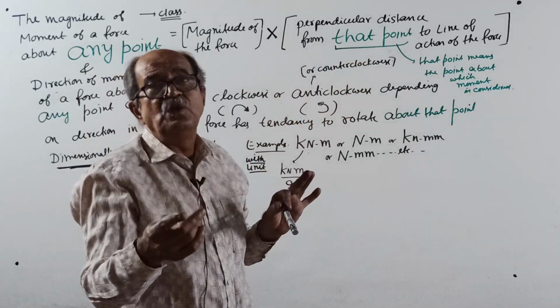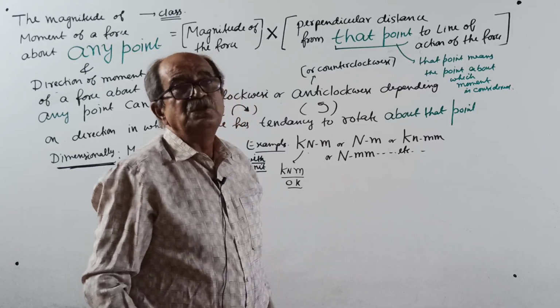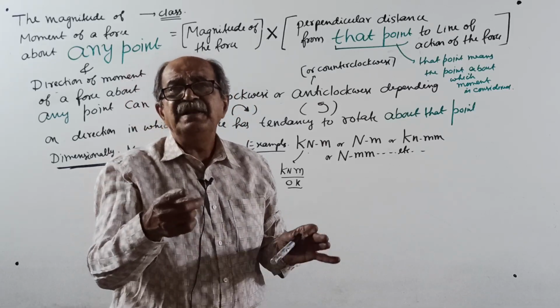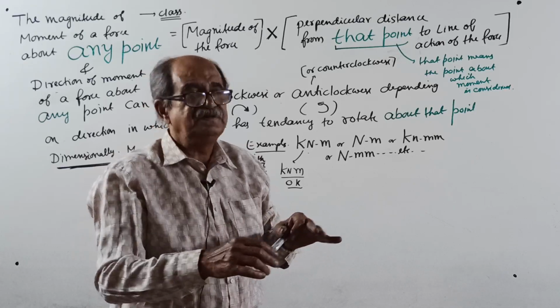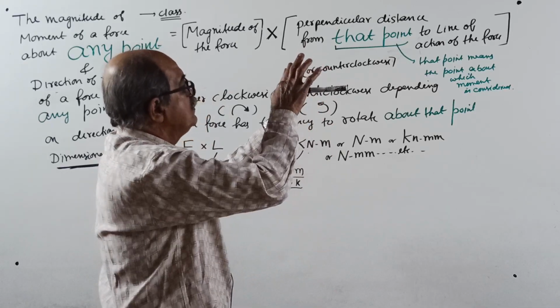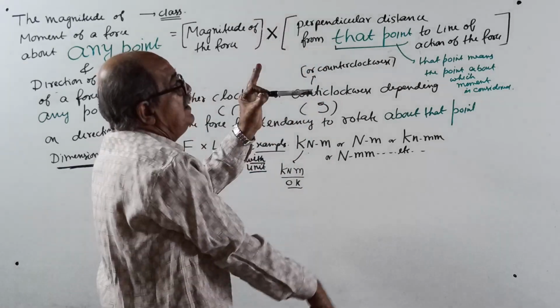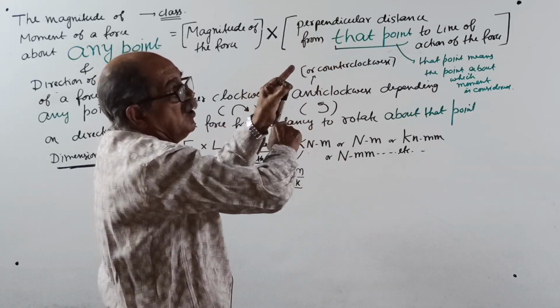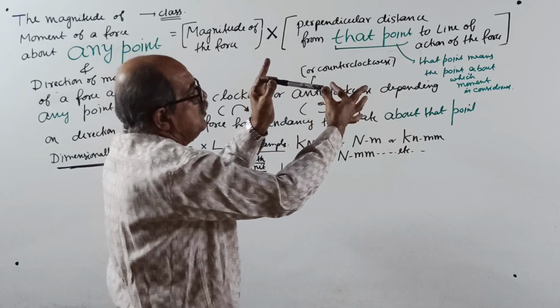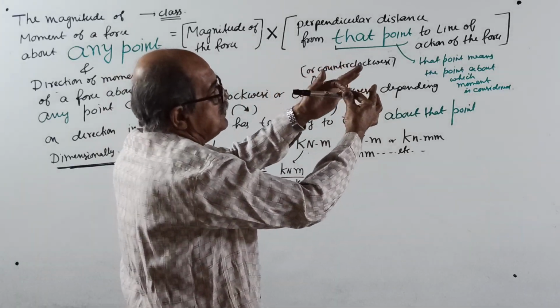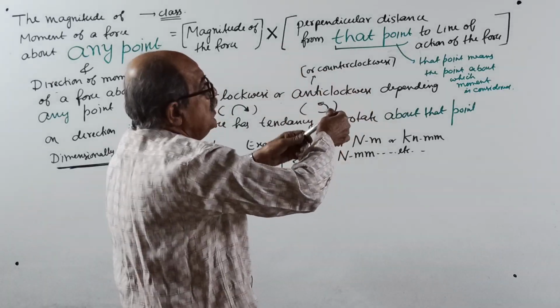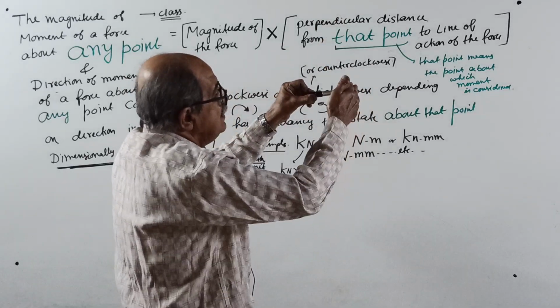I can't write this on the board, so I will write it in the notes. If you want moment about this point, and a force is applied this way, the rotation is clockwise. Or if I hold a point here and apply a force here, it is anti-clockwise.